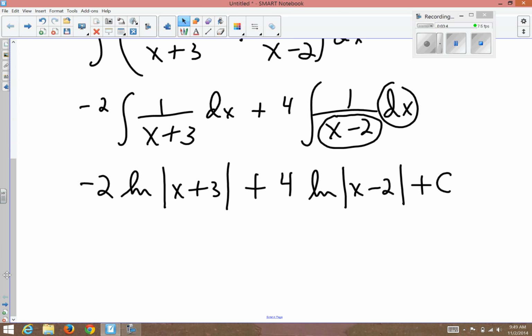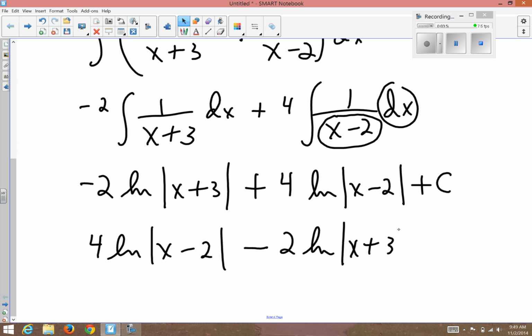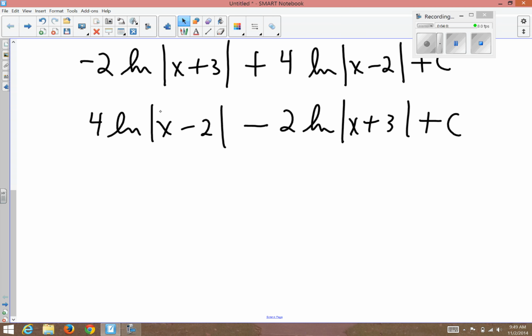Other ways this could be written. You could write the positive term first: positive 4 natural log absolute value of x minus 2 minus 2 natural log absolute value of x plus 3 plus c. A number in front of log can be brought up here as the exponent.